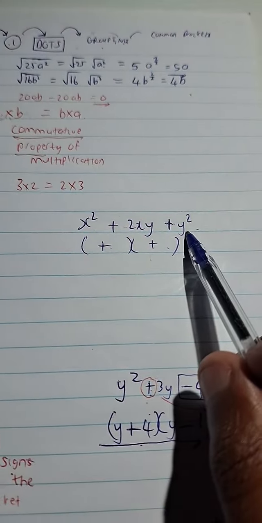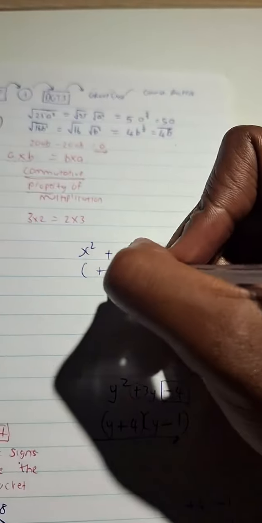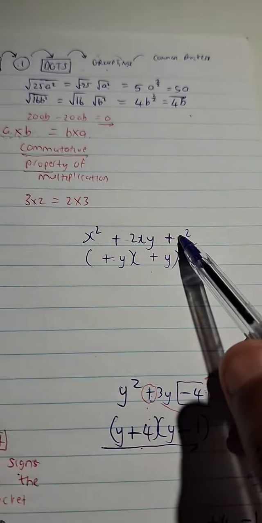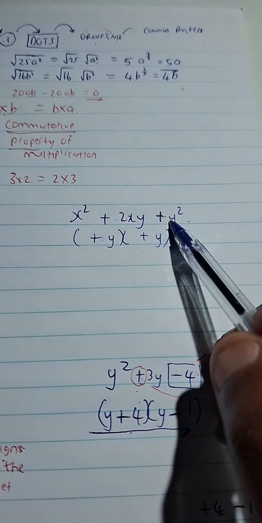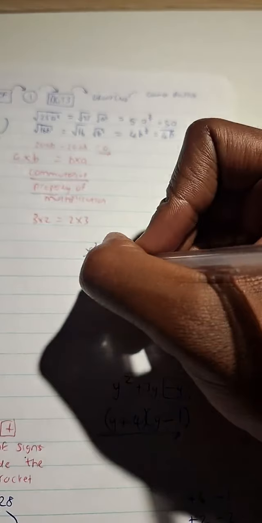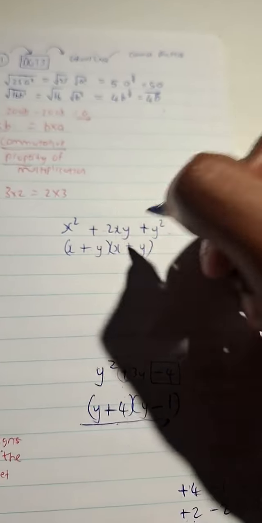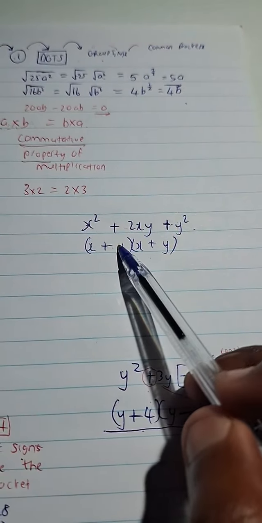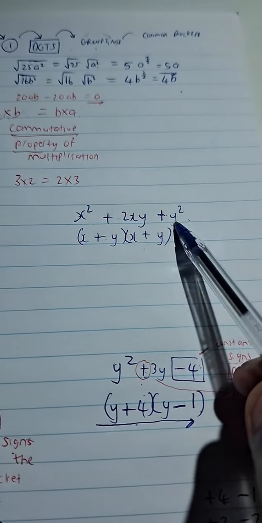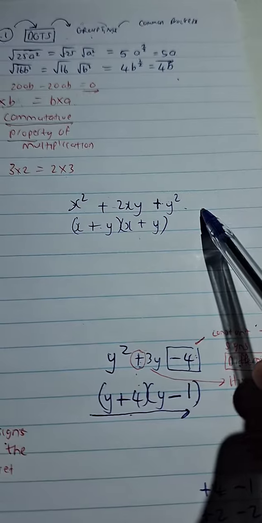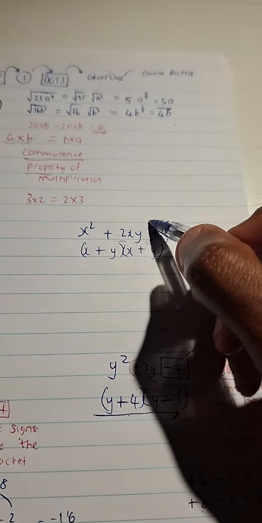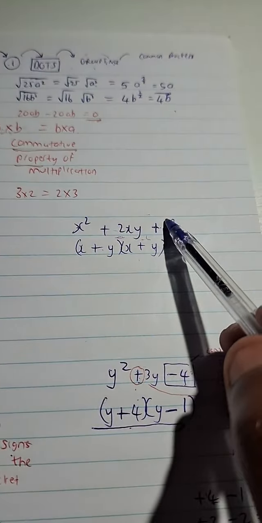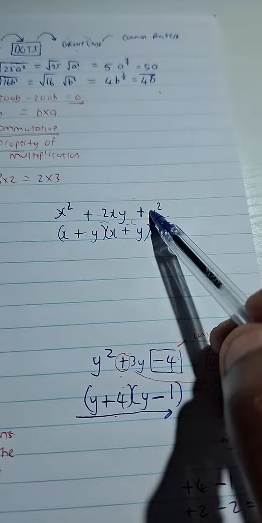Now, this is y squared. How do we form y squared? y and y forms y squared. The coefficient of the y squared is 1. So that means we have x and x for x squared, and it's very apparent here that this y times y does give us y squared. And obviously the 2xy we will be able to get when we add the 1 and the 1 together.